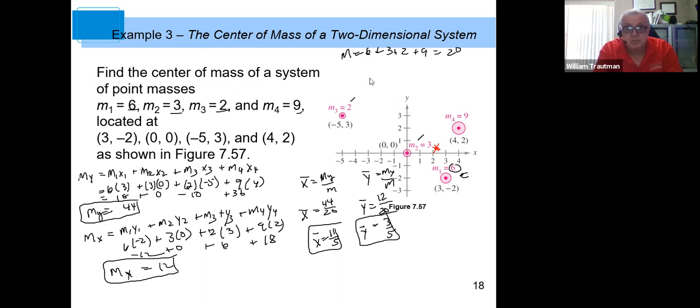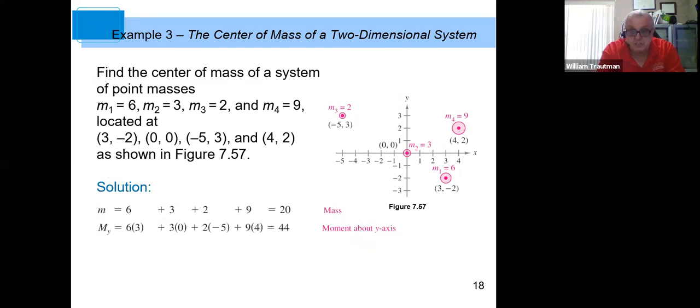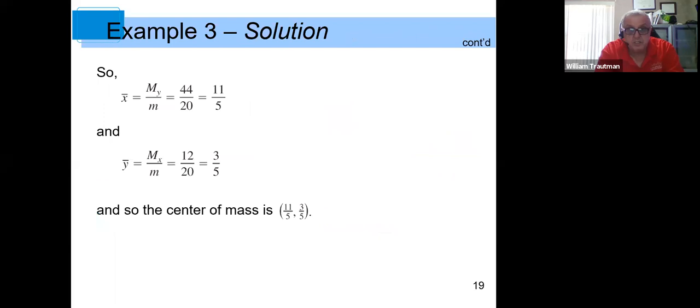Let's see what they have here. They got 11.5 and 3.5. So I'm going to clear this just to make sure. Looks all okay. 11.5 and 3.5. Yeah, everything looked fine.